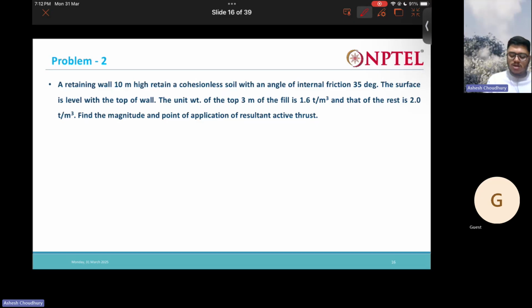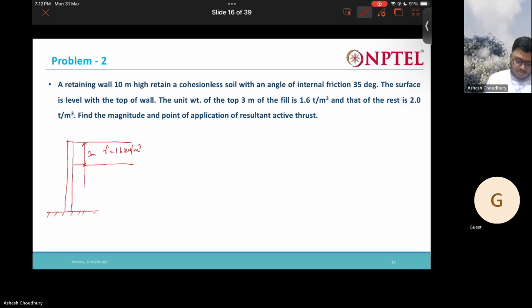Find the magnitude and point of application of resultant active thrust. This is my KA.